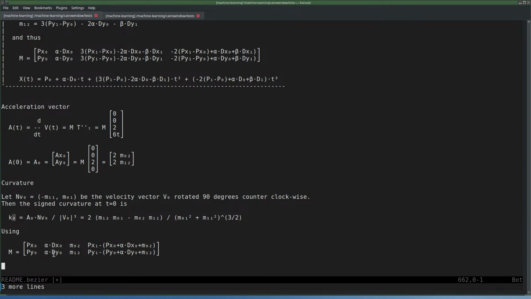This is the velocity vector, this column at P0. This column is the acceleration vector at P0. And then we have that if I project this onto the normal of that vector and divide it by the third power of the length of that, which is alpha to the power 3, then we must get a known constant.